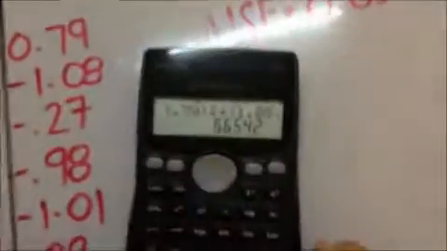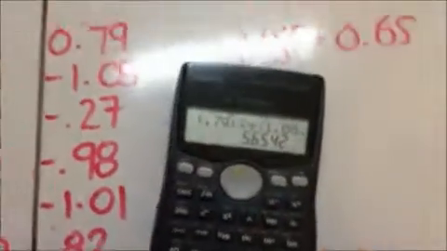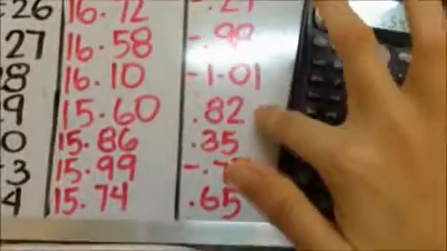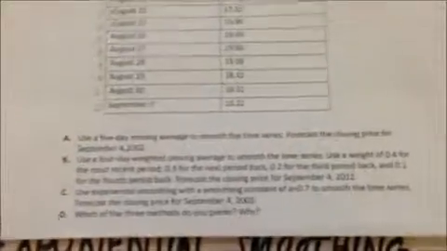So we're getting 5.65 divided by 1, 2, 3, 4, 5, 6, 7, 8, 9. Divided it by 9. The MSE is 0.63. We are done with number 1 and 2. Now we are going to move to number 3.